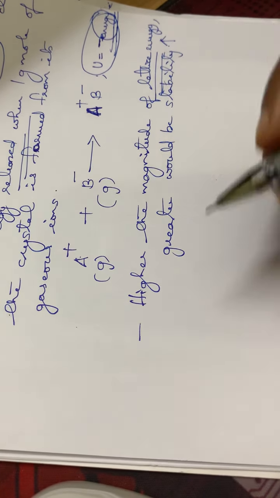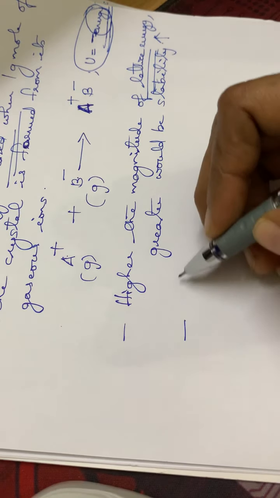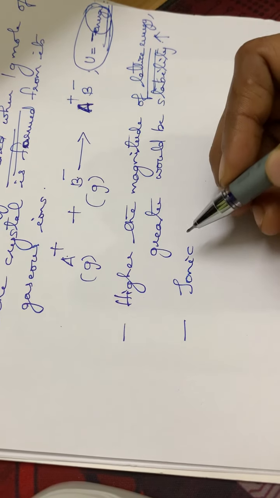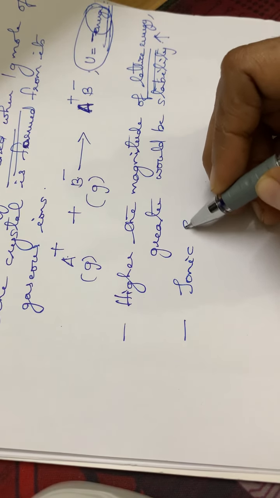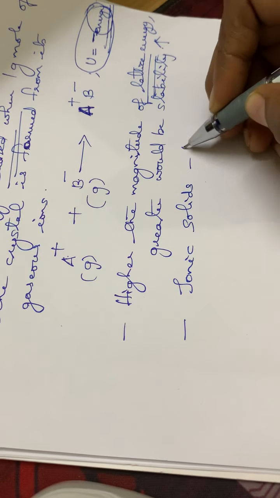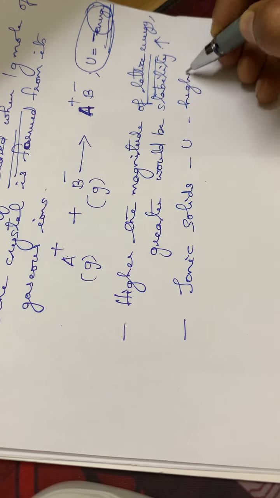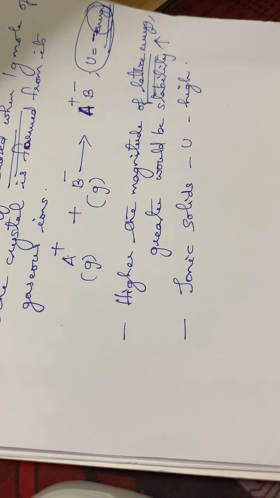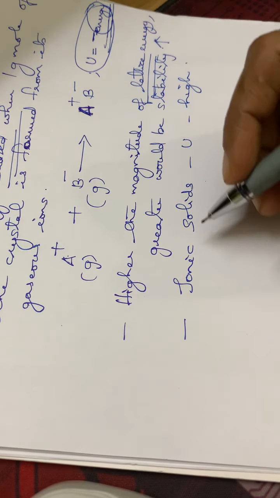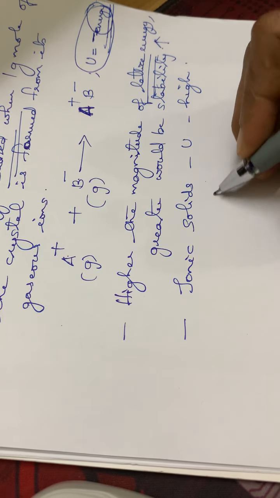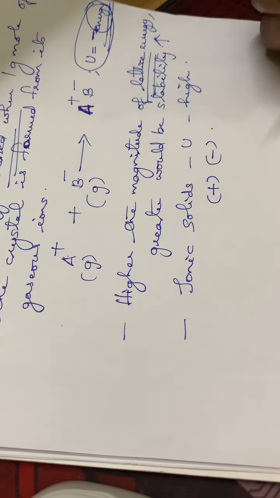Okay. And also usually for ionic solids, the lattice energy will be high. In general, we can say that it is high. And this high lattice energy can be due to the presence of positive and negatively charged ions, isn't it?